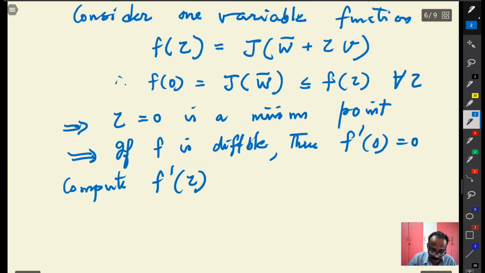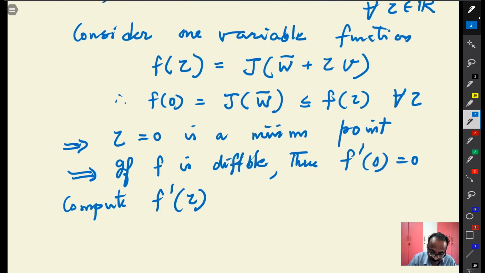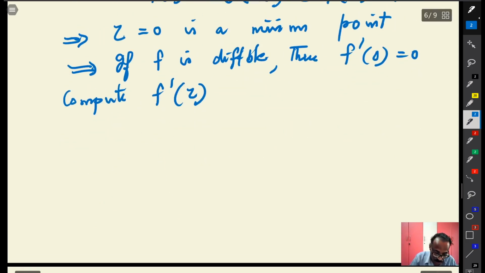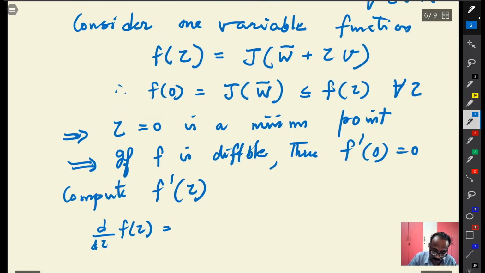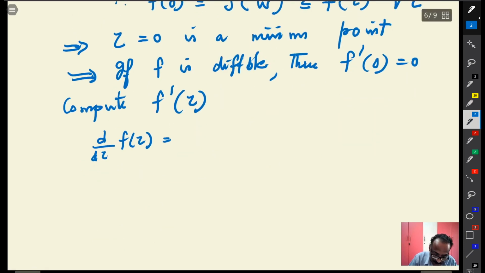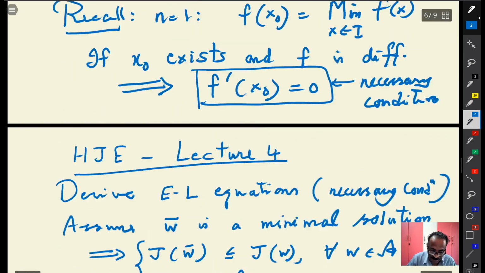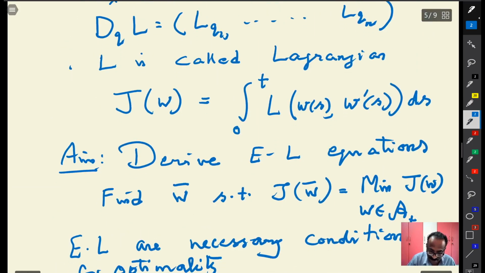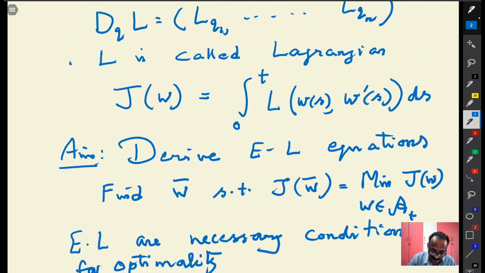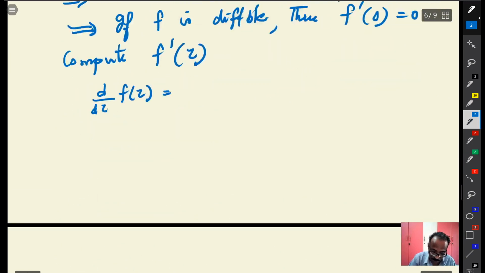To compute f prime of tau, you write down the definition and you do the differentiation under the integral sign. So what is f of tau? d by d tau of f of tau is equal to J of w bar plus tau v, that's by definition. So recall your J(w) definition. You have to write the correct argument properly.